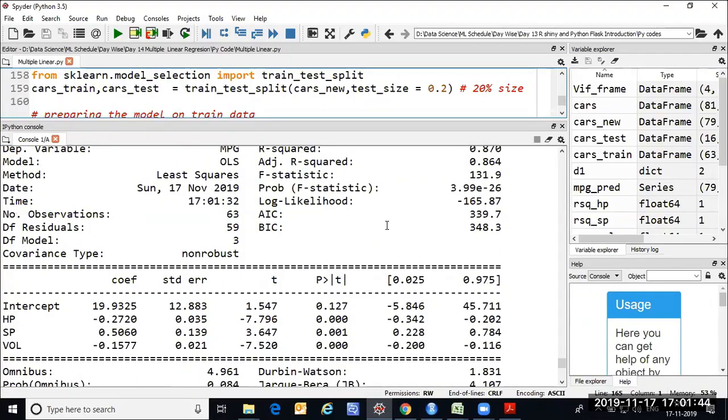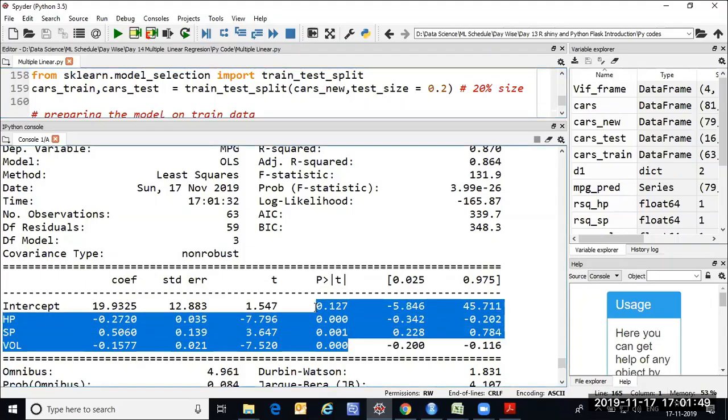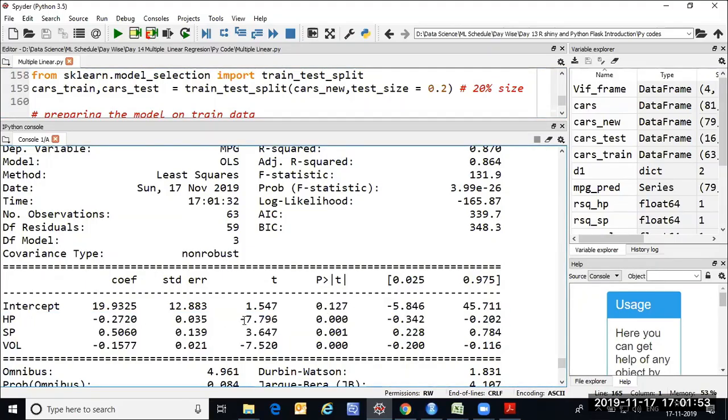All the variables' coefficients are significant. But how about the intercept value? It is more than 0.05, right? It is still fine if the intercept value is a little higher, but you need to make sure at least the coefficients of the variables are significant.